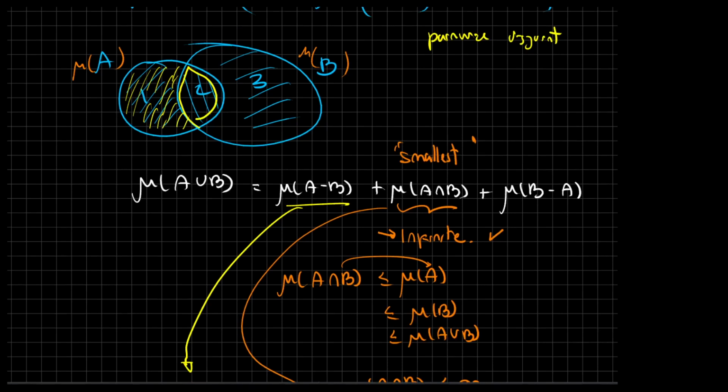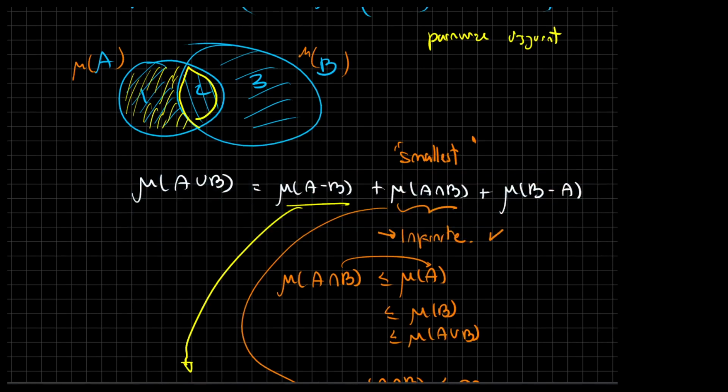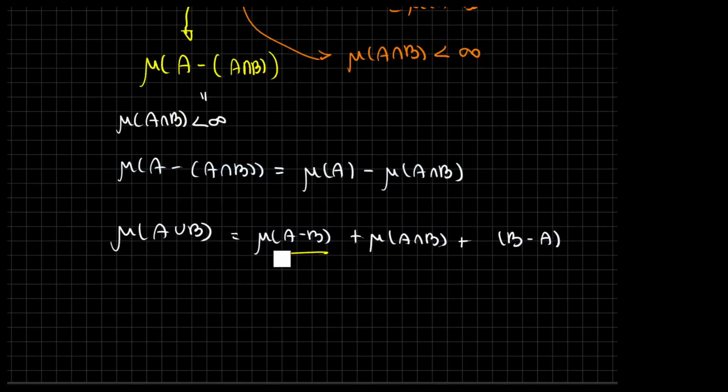And we do the same with the other one. So let me copy it here just to finish this proof. So this will be equal to A minus the intersection, and this will be equal to B minus the intersection.